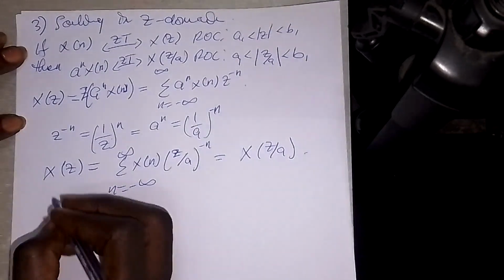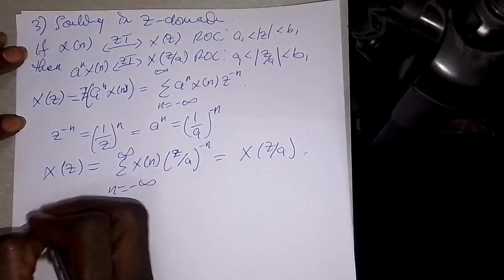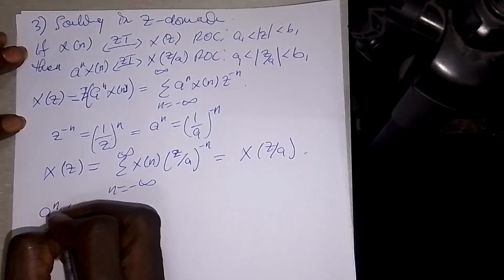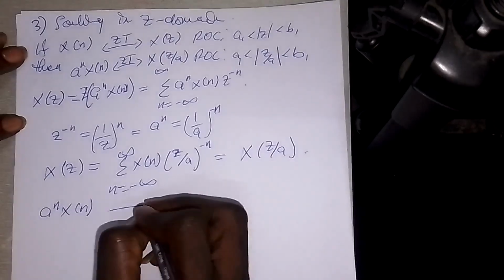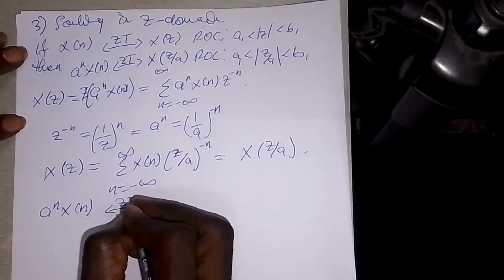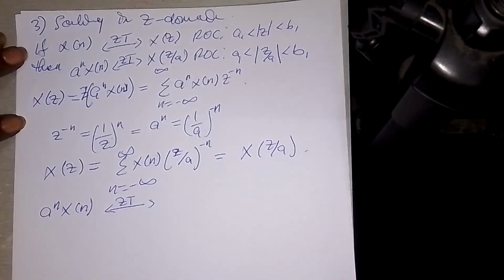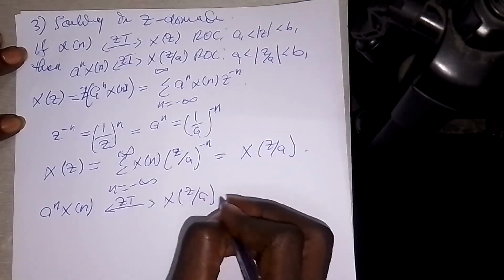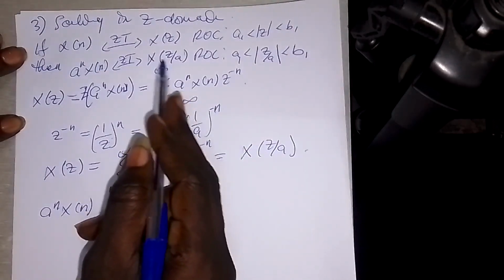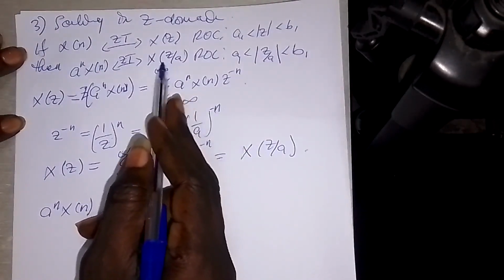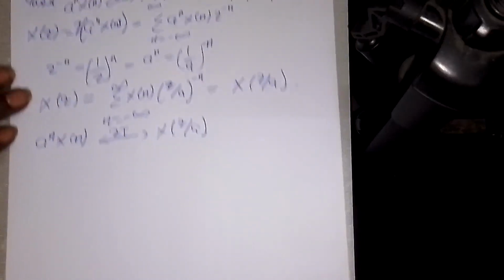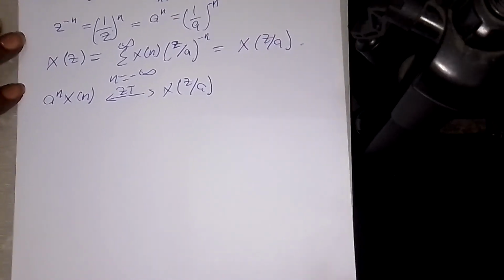In a nutshell, a to the power n into x of n should give me a Z transform of X of z over a, which is correct as compared to what I set out to get here. So this is correct. All right.